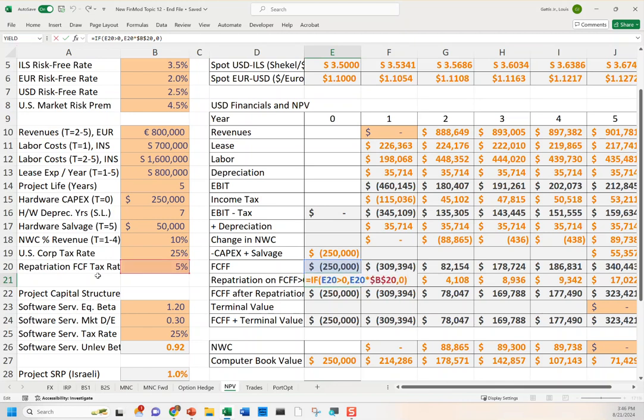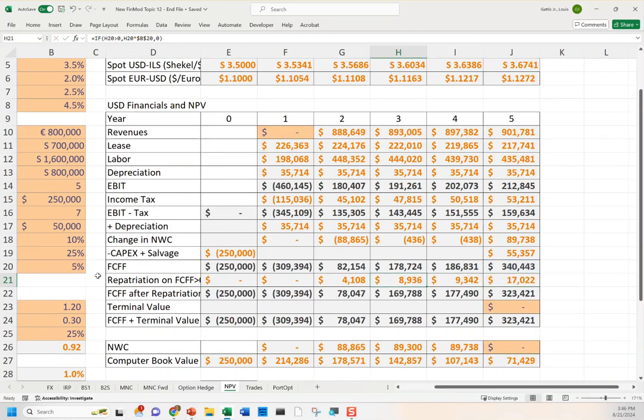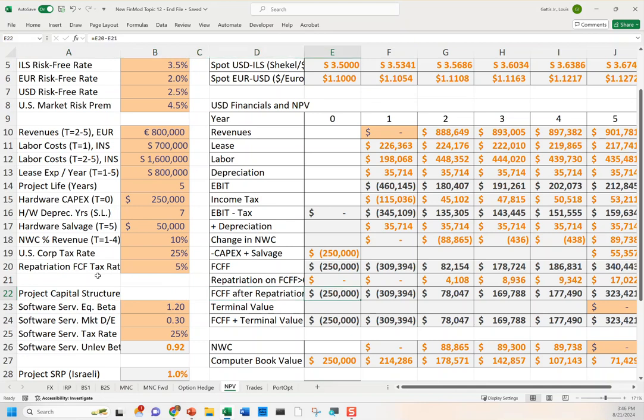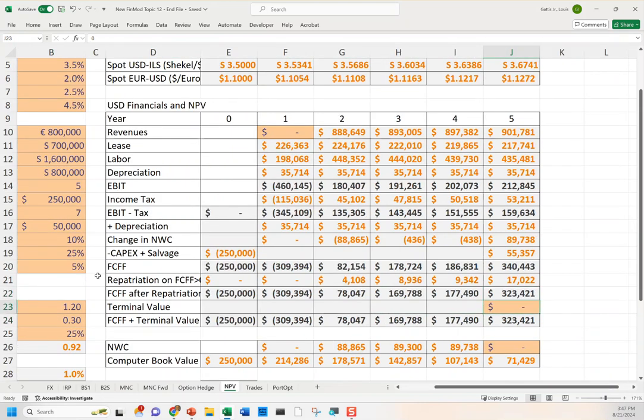So you only pay the tax if you move money back to the States, and that gives me my FCFFs after repatriation. Remember, there's no terminal value I need to worry about since it's a finite life project, and so I can take an NPV of these cash flows, which are all in dollars, all converted using IRP exchange rates.